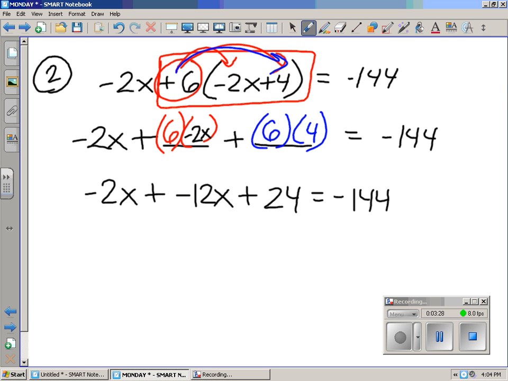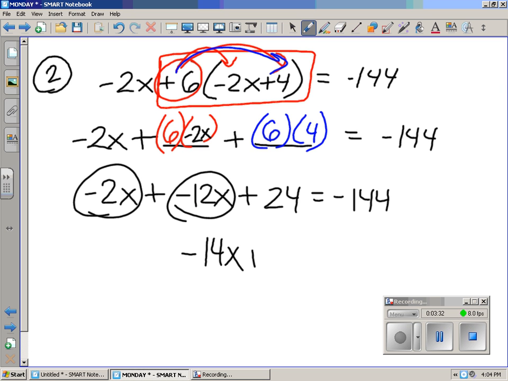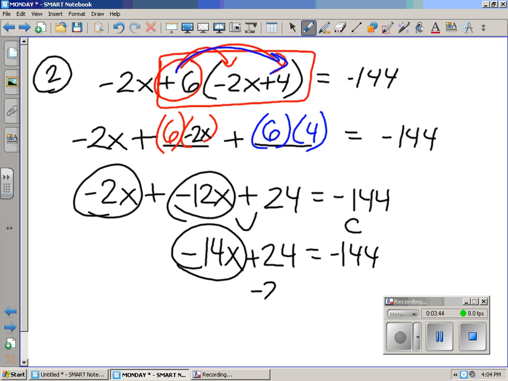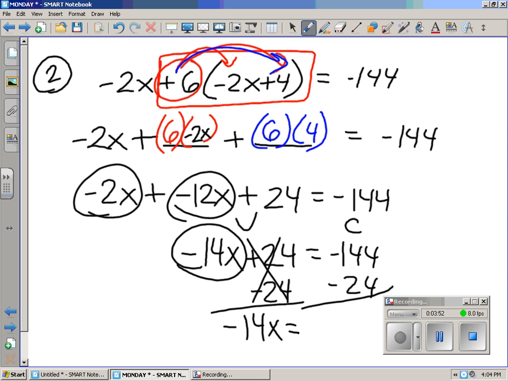The next step is to collect like terms. And then I'm going to make the left side my variable side, the right side the constant side. I subtract 24 from each side. On the left side, I'm left with negative 14x.